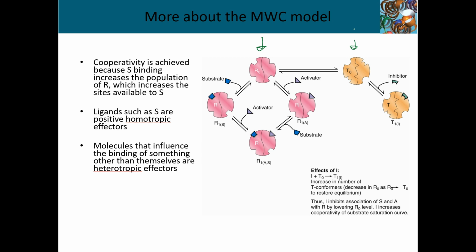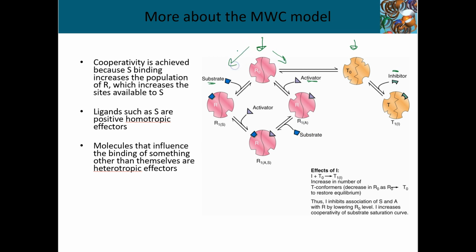And you can see a difference in the way that activators, substrates, and inhibitors all interact with these different forms. So if you're starting from a relaxed state, you have a high affinity for activator, which then increases the affinity for the substrate.